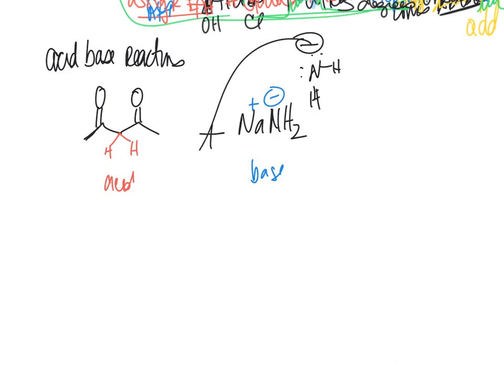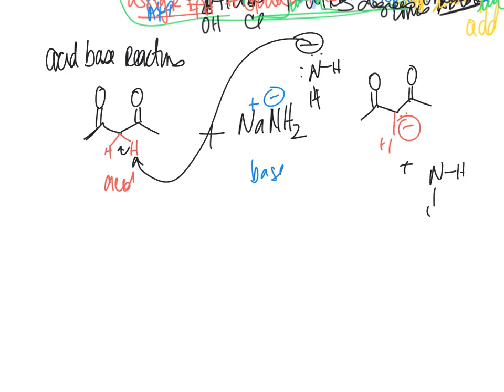And this is going to come and take this hydrogen and you're going to make your enolate, and that's also going to make your conjugate acid there. That's your conjugate acid. This is your conjugate base.